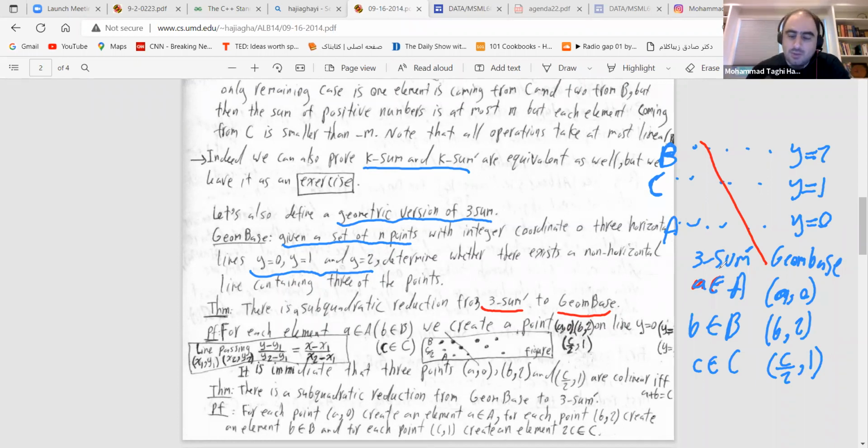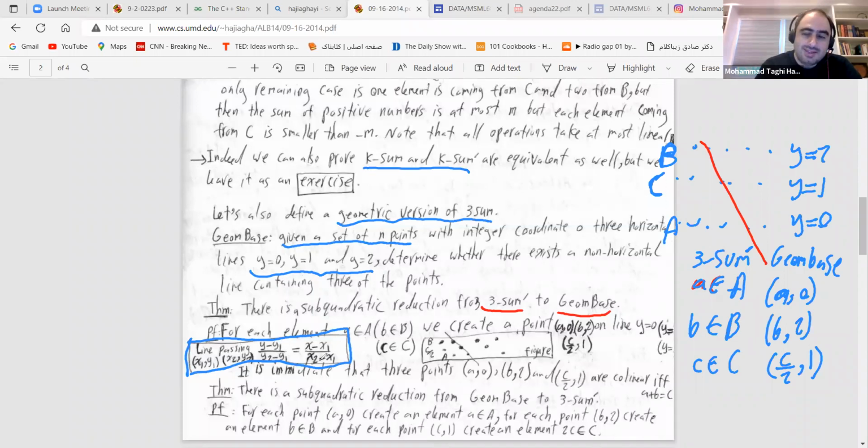Now let's see why we have this. This is the main property that we want to use. If we have a line passing through the points (x1, y1) and (x2, y2), then this is the equation: (y minus y1) over (y2 minus y1) is equal to (x minus x1) over (x2 minus x1).